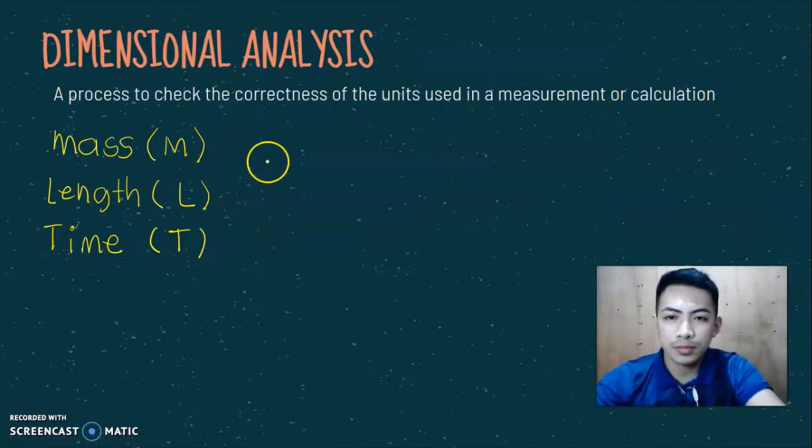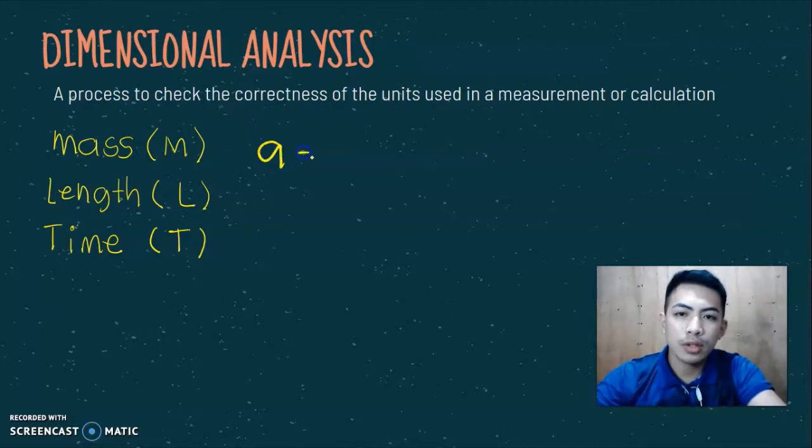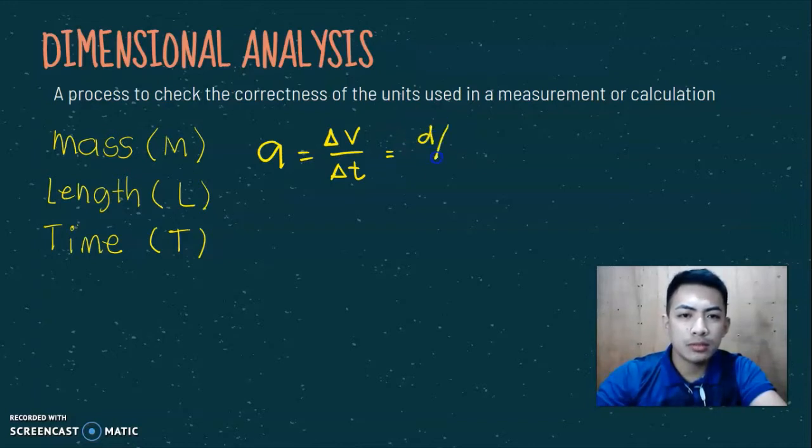For example, acceleration. We know the formula for acceleration is the change in velocity over the change in time. And we know that velocity is just displacement over time, and time is just time.